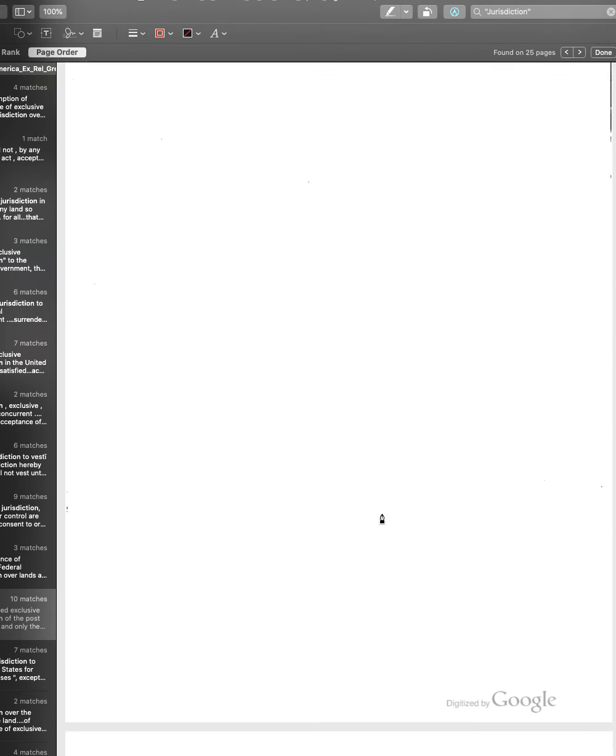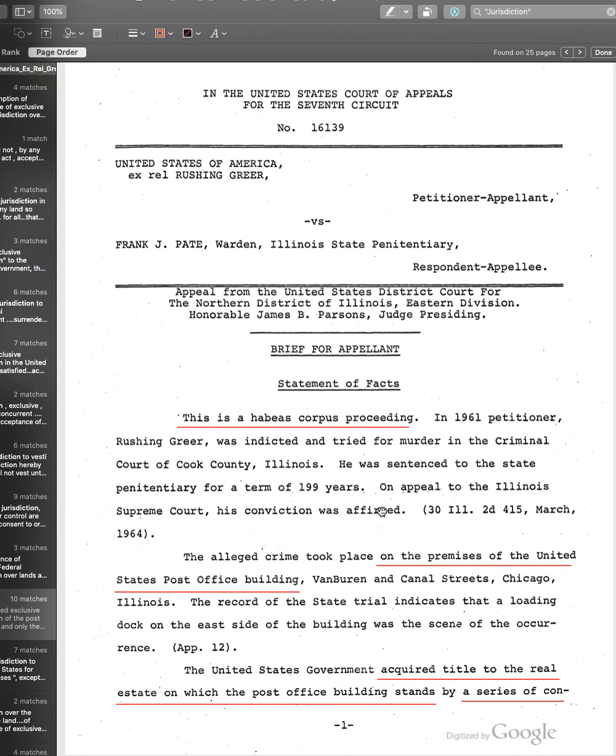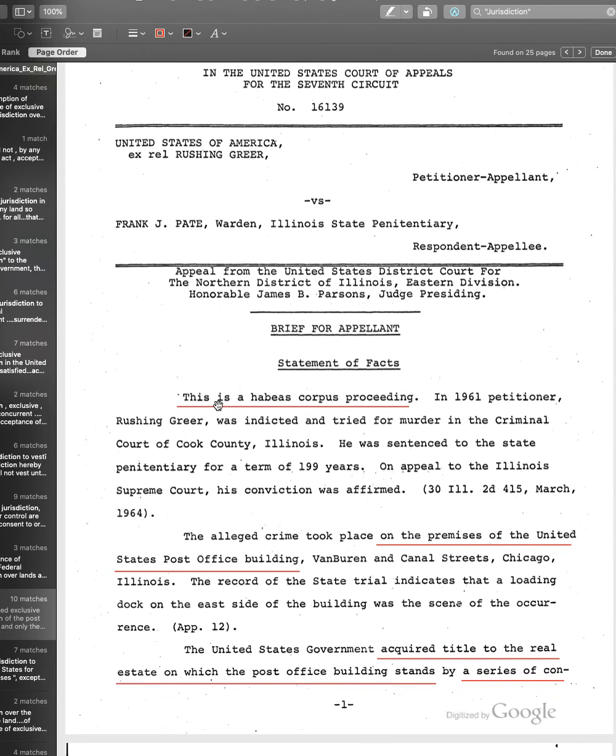So let's look at some of the stuff they say in this case. This is a habeas corpus proceeding in 1961. Petitioner Rushing Greer was indicted and tried for murder in the criminal court of Cook County, Illinois. He was sentenced to the state penitentiary for a term of 199 years. On appeal to the Illinois Supreme Court, his conviction was affirmed.